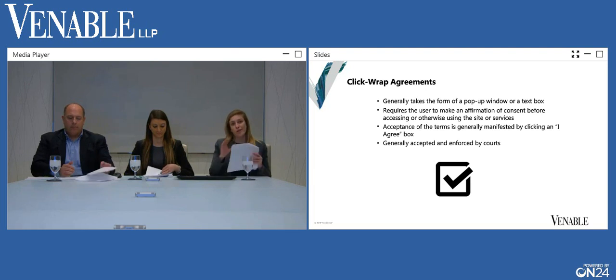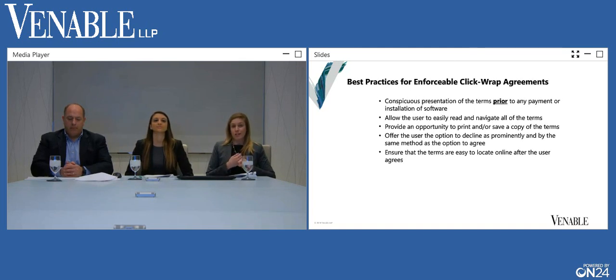So we also came up with a list of best practices for enforceable Clickwrap agreements. The presentation should be prior to any payment or installation of the software terms. The user should be able to easily read and navigate the terms and should have an opportunity to print and save a copy of the terms.